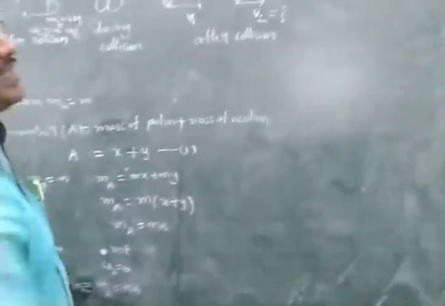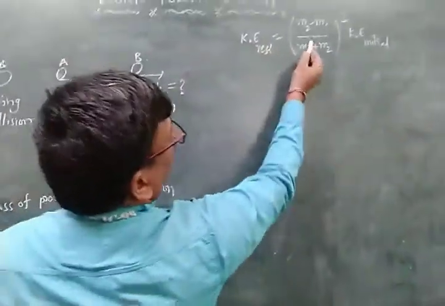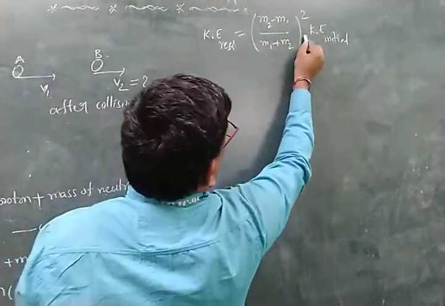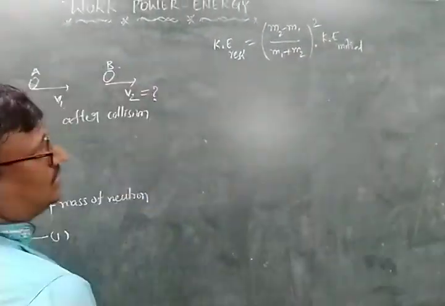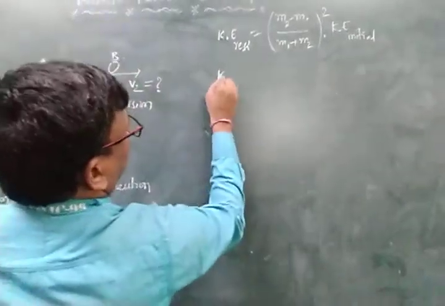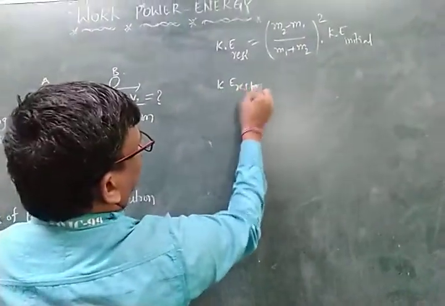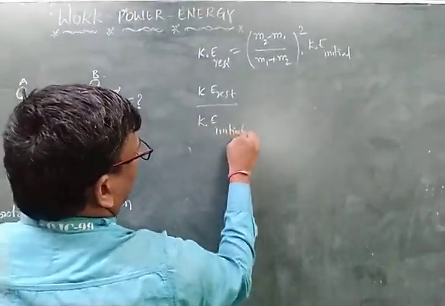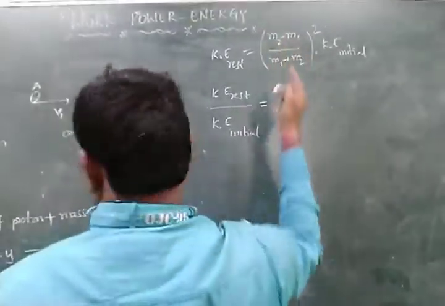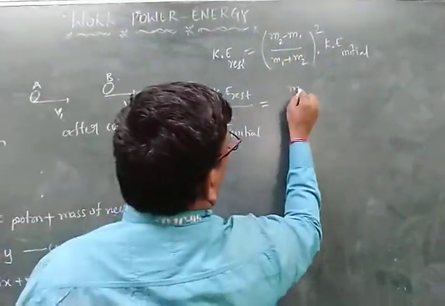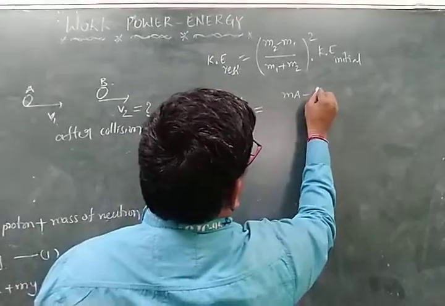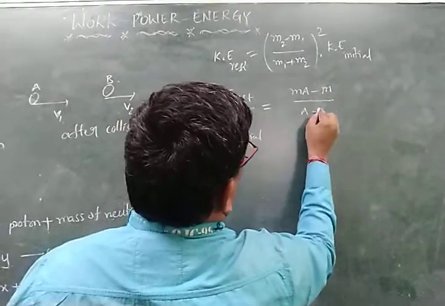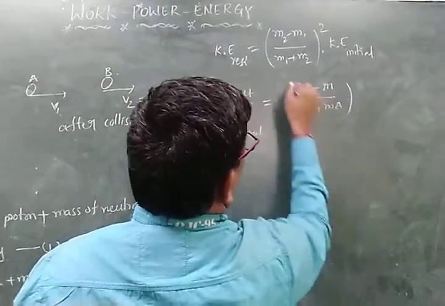We know the formula for the kinetic energy rest is equal to m2 minus m1 by m1 plus m2 whole square into kinetic energy initial. Take the ratio, kinetic energy rest by kinetic energy initial. That is m2 minus m1, which is m into A minus m, by m1 plus m2, which is m plus mA, whole square.